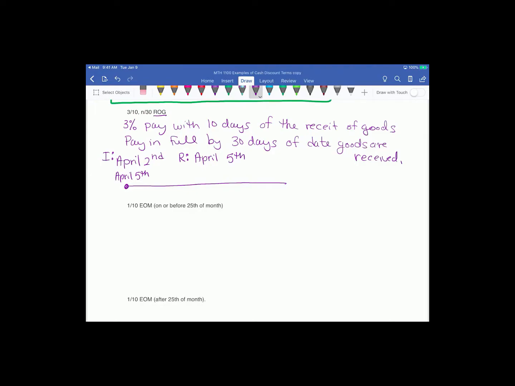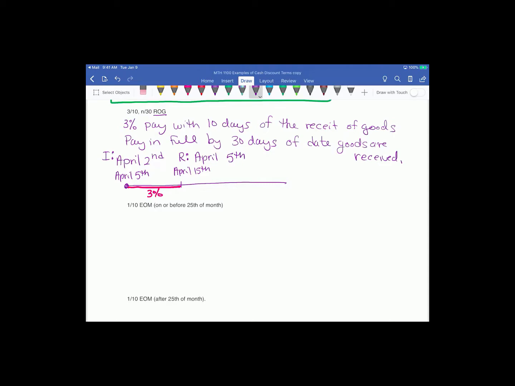And now the same rules apply. We get a 3% discount if we pay within 10 days of April 5th. Well, 10 days of April 5th would be April 15th. So if we pay in this time frame right here, we would get an extra 3% discount.